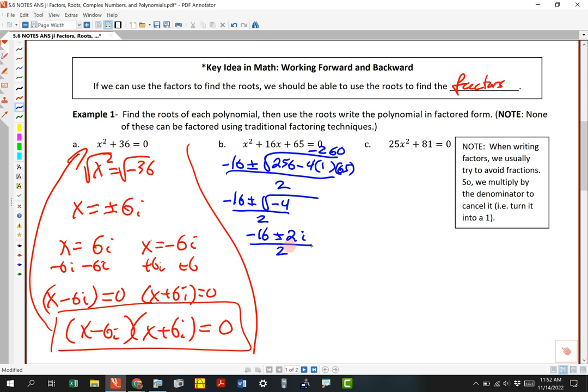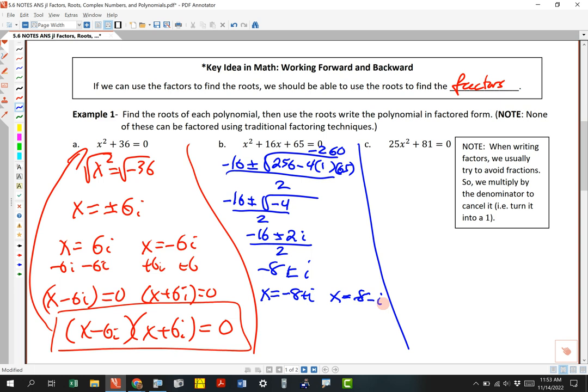If I break it up into two different pieces, this is going to be negative 8 plus or minus i. Am I right about that? Yeah. So one of them is x equals negative 8 plus i, and the other one is x equals negative 8 minus i.